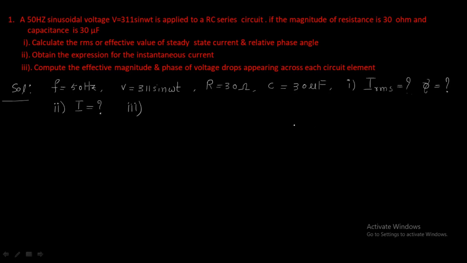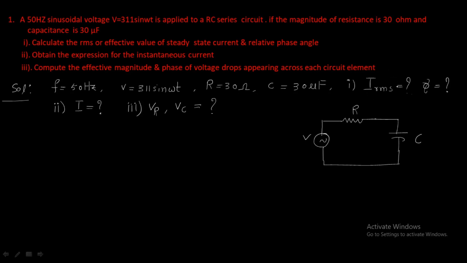This is the RC series circuit with the supply voltage V, R and C. We have two passive elements, the resistor and the capacitor. So the voltage across resistance VR and the voltage across capacitance VC are asked to be found.